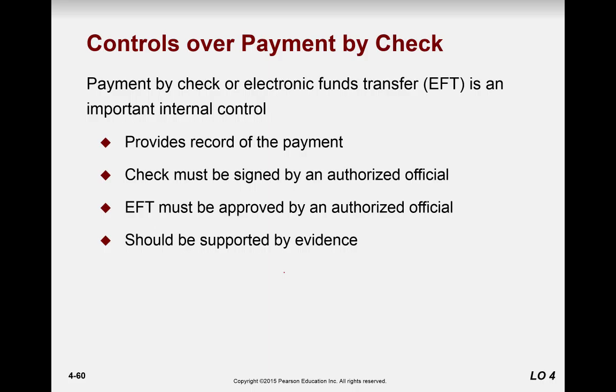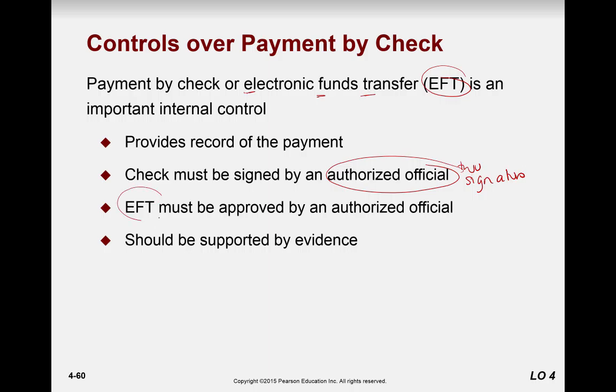Now, for payments by checks or EFT, electronic funds transfer, that's another control because you record the payment. Then checks usually have to be signed by an official. And sometimes you need two signatories, meaning two people have to sign. For example, the controller and the CFO, or the CFO and the CEO have to sign all checks.